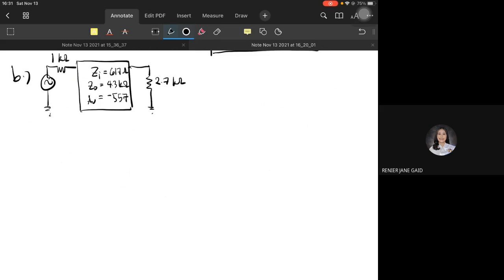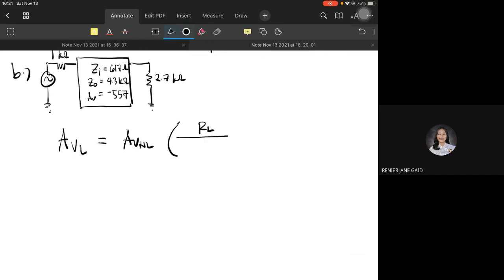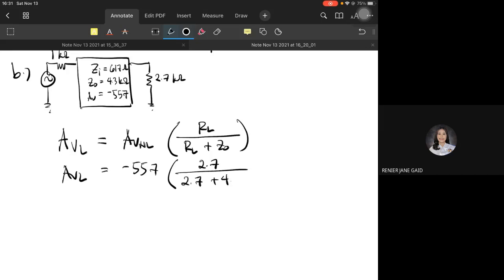So here, AVL is equal to AV and L times RL over RL plus ZO, which is about 215.